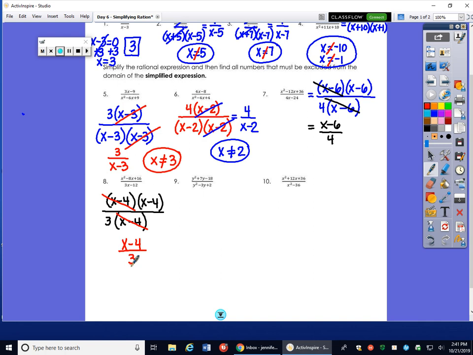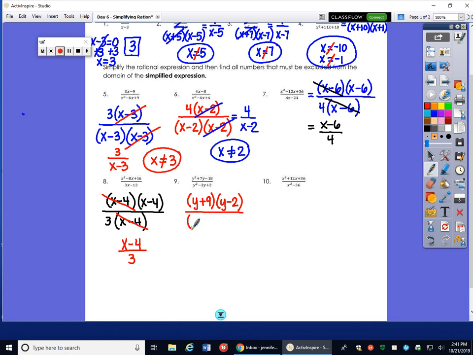Number 9, two factors of negative 18 that add up to 7 are going to be 9 and negative 2. So y plus 9 and y minus 2. 9 minus 2 is 7. 9 times negative 2 is negative 18.